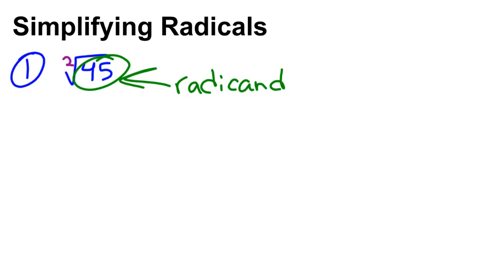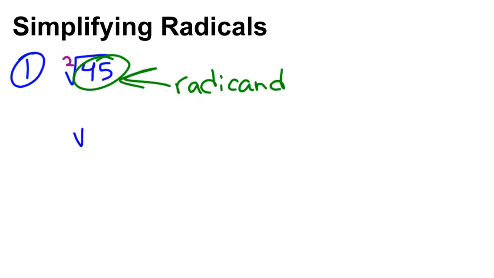The index, if nothing's written there, is assumed to be 2. And the index is the root. So for this one, we're taking the square root of 45. But we want to try to simplify it. All the problems in this video, I'm not going to write anything for the index, so we're taking the square root of all of them. Let me just rewrite radical 45, and let's get started.